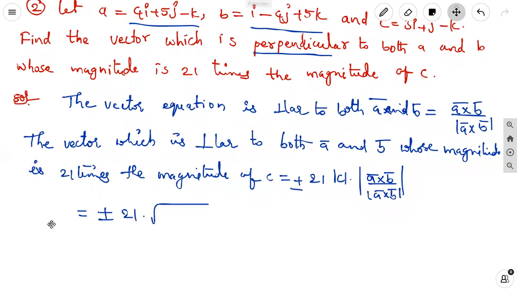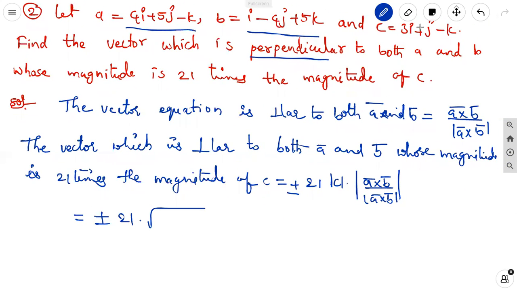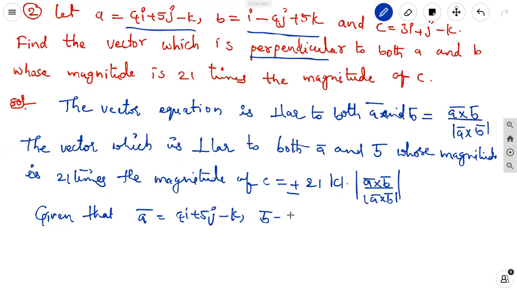First we can take the given vectors. What is A vector, what is B vector, what is C vector. Given that A vector equal to 4i plus 5j minus k, B vector equal to i minus 4j plus 5k, C vector equal to 3i plus j minus k.